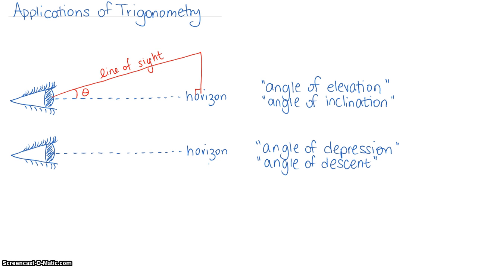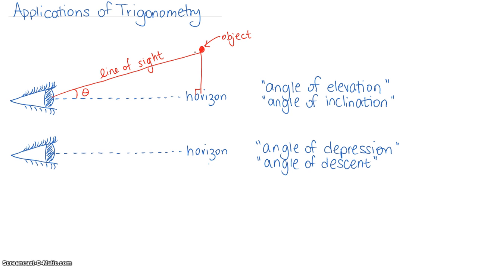My line of sight will always be the hypotenuse of the right angle triangle, and I will be looking at an object up here. So if my angle of inclination to a particular object was 42 degrees, this would be 42 degrees based on a right angle triangle drawn with the horizon and my line of sight.